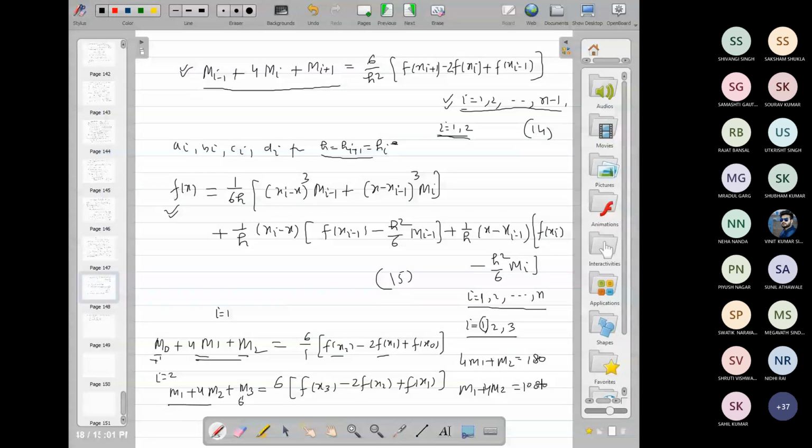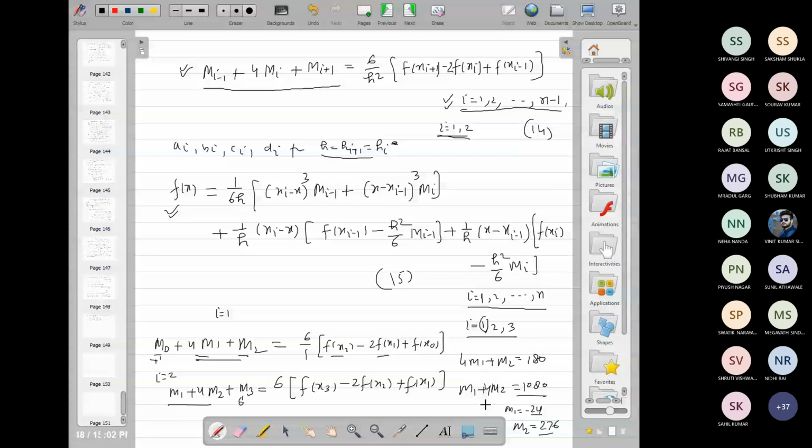After solving these two equations, we obtain m1 is equal to minus 24 and m2 is equal to 276.